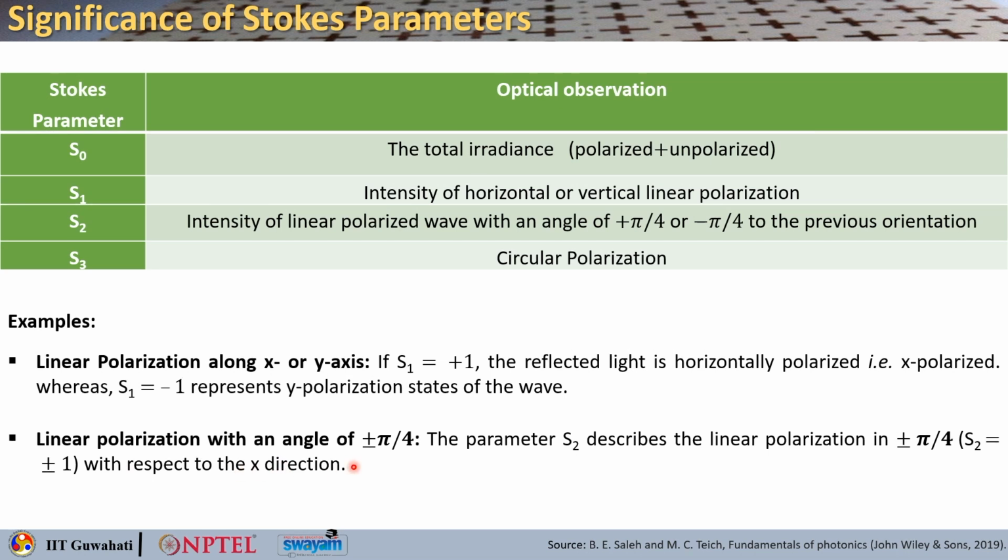Now when you have linear polarization with an angle of plus minus pi by 4 or 45 degree, the parameter S2 will describe that linear polarization. So when you will have S2 equals plus 1, that means it is plus 45 degree linear polarization with respect to x axis. When you have S2 equals minus 1, it means minus 45 degree from the x axis again.